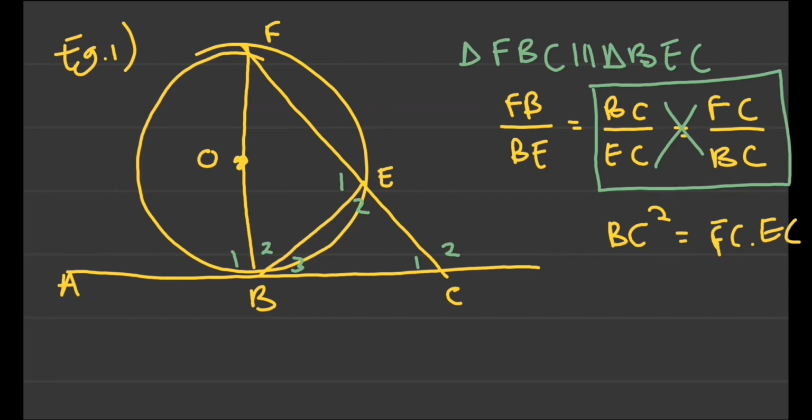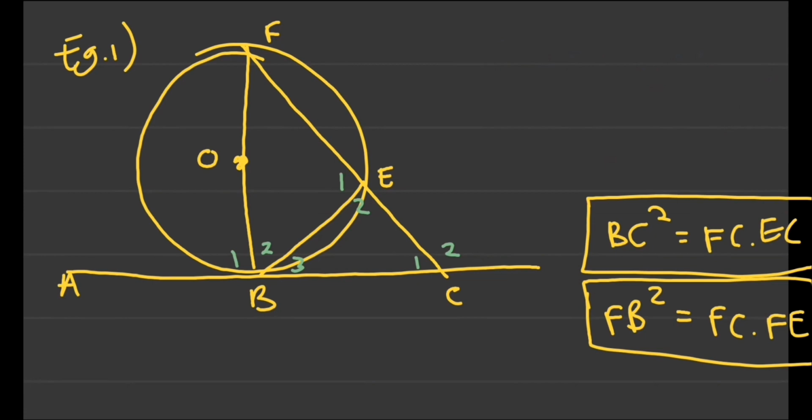Okay, guys, are you still with me? Are we still all on the same page? Yes, sir. Awesome. I see thumbs ups. That's good. Let's have a look at these two lines that I'm talking about now. FB is this line, and BC is this line.